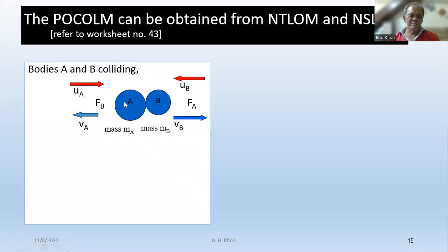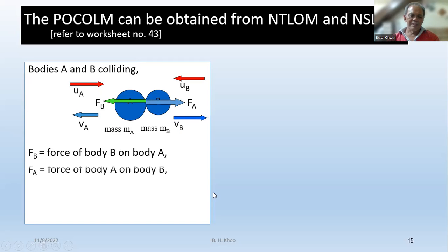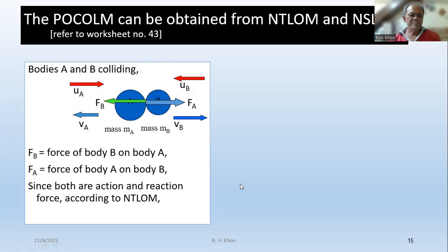A has an initial speed and final speed, and so does B. B will collide with A with a force FB, the force of B on body A. Then you have FA, the force of body A on B. Some people prefer to put an A and a B there also. It doesn't matter, as long as you define it clearly.